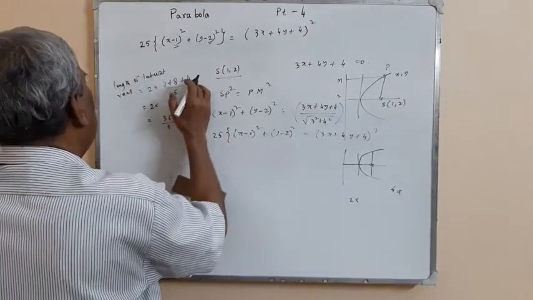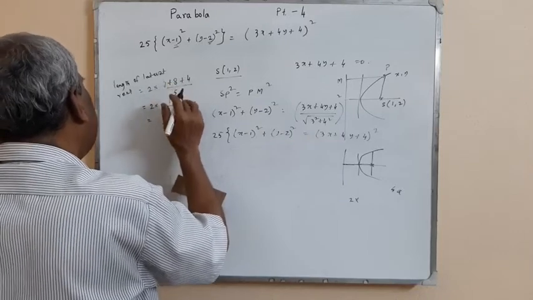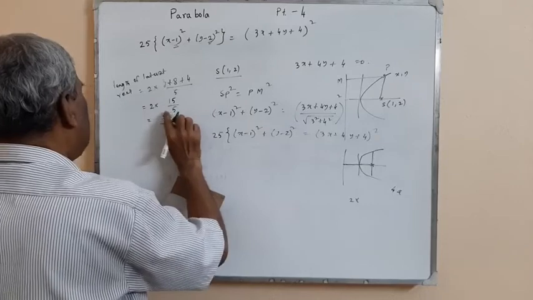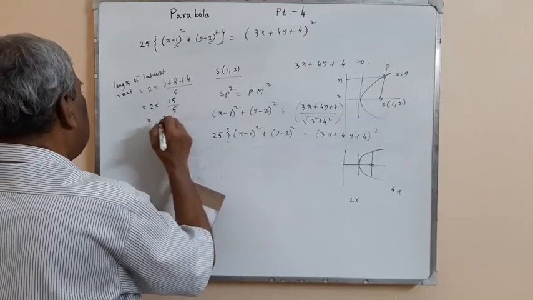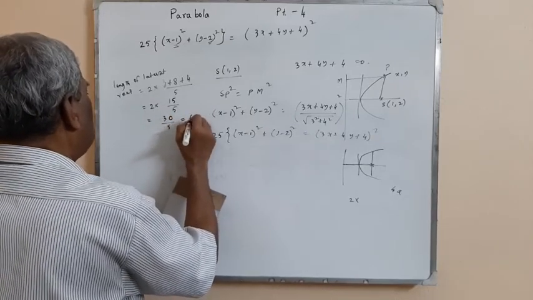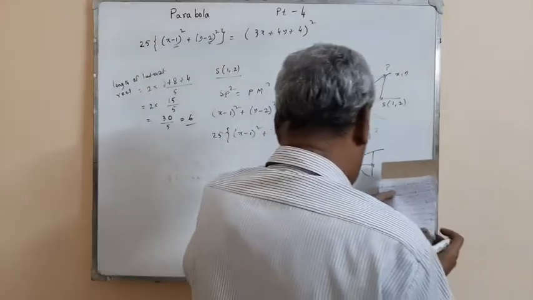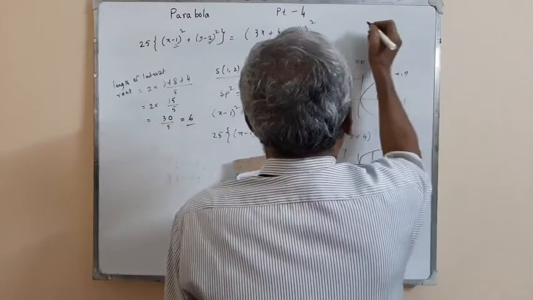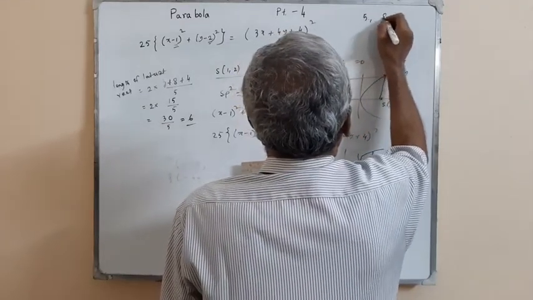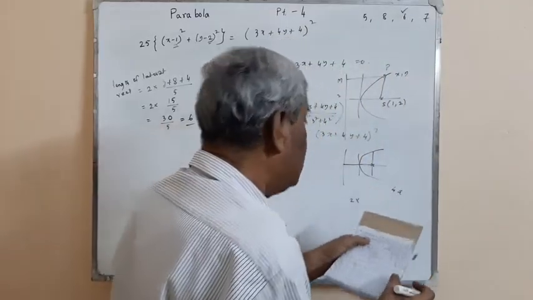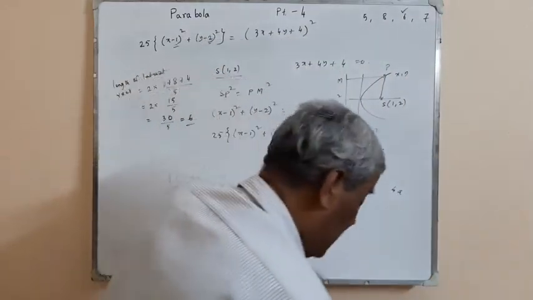So it is equal to 15 divided by 5, times 2, that is 30 divided by 5, so 6. 6 is the length of latus rectum. And options were 5, 8, 6, and 7. So 6 is the length of latus rectum of that parabola.